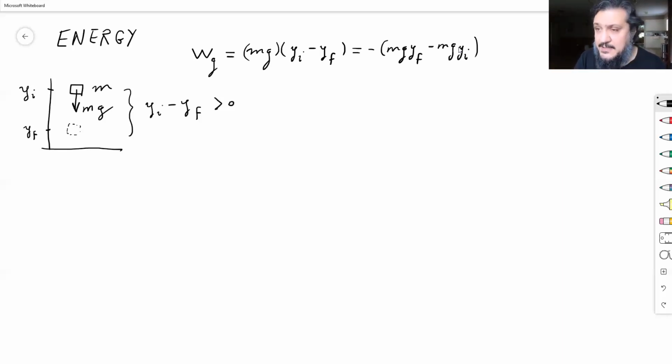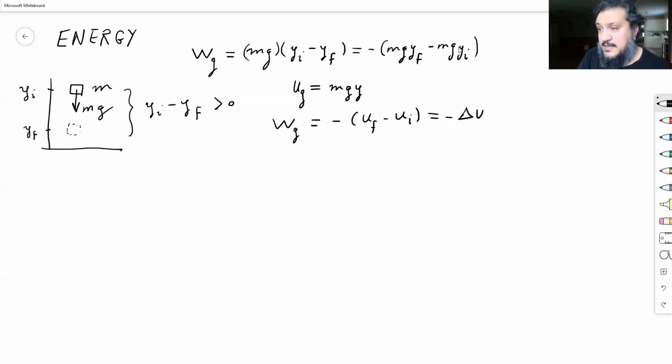So if I define a quantity, which I call U or UG, if I name this mgy as U, I'm going to call this potential energy, then the work done by gravity is negative U final minus U initial, or negative delta U. And that's very common, very customary to express the work done in terms of the negative of the change in the potential energy, especially when the forces that are involved are conservative forces.